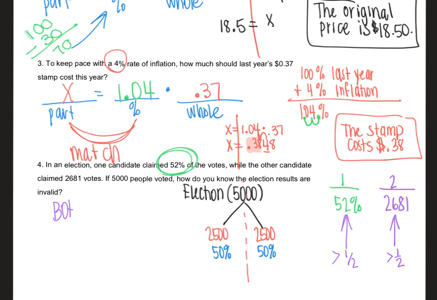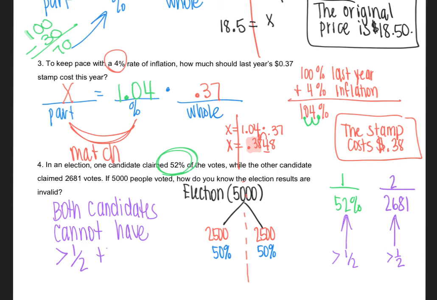Both candidates cannot have greater than half the votes, because the whole thing is you're adding up to a whole. You're adding up to 1, you're adding up to 100, you're adding up to 5,000 in this case.